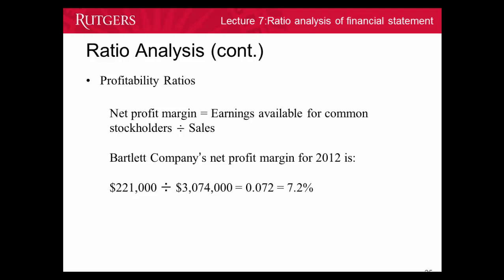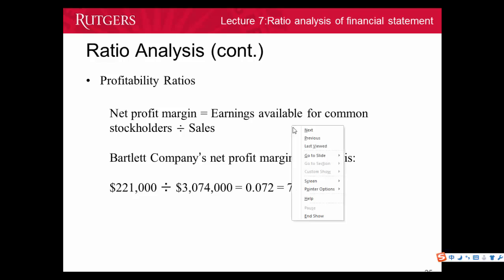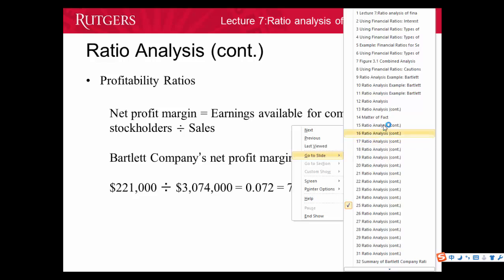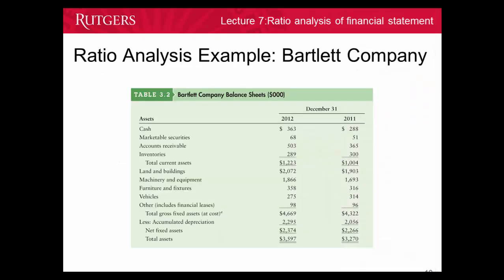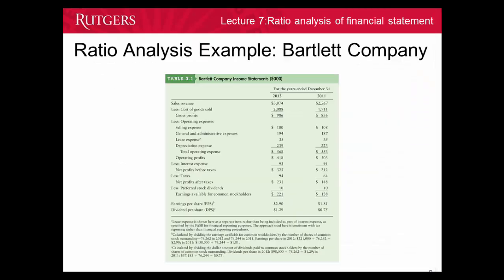Then let's calculate net profit margin. It measures how much out of every dollar of sales a company actually keeps in earnings. It is calculated by using earnings available for common stockholders divided by sales. Let's go to the income statement.